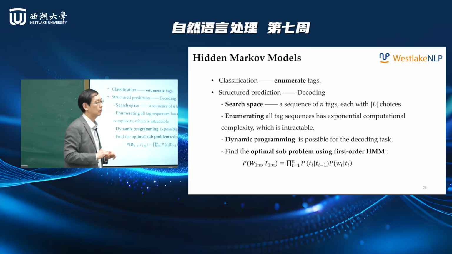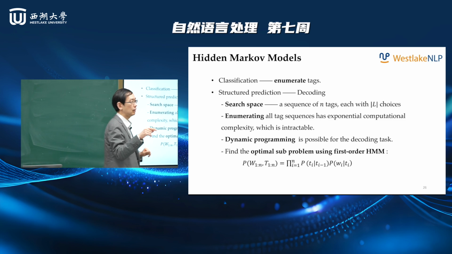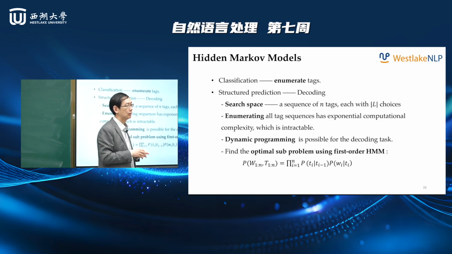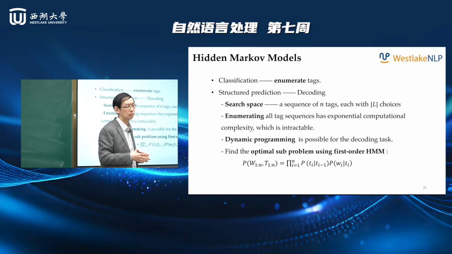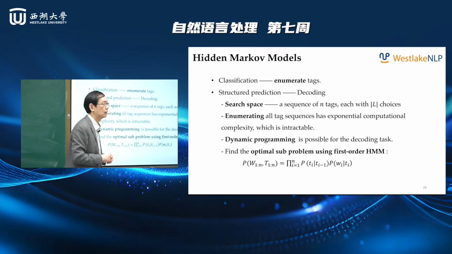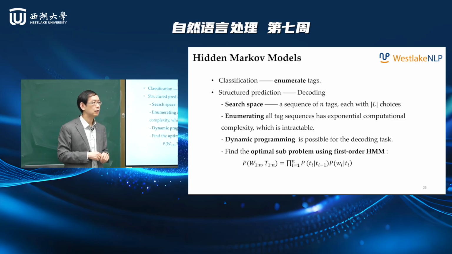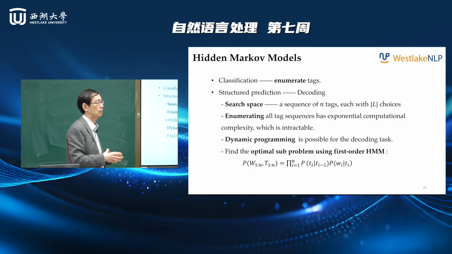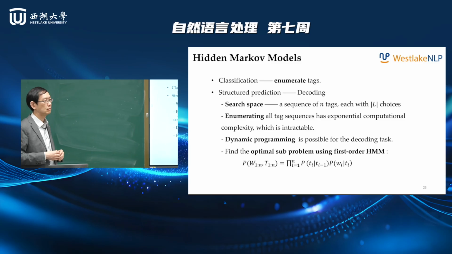So n is in the exponent. As a result, this algorithm is called intractable. Only polynomial time algorithms are tractable, unfortunately. So that's why it's non-trivial. We cannot enumerate all possible tag sequences, especially when the word sequence is long.